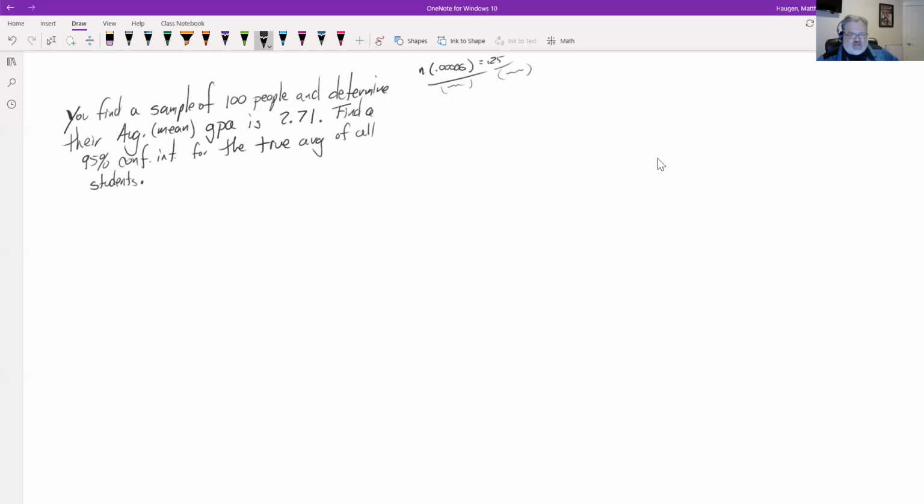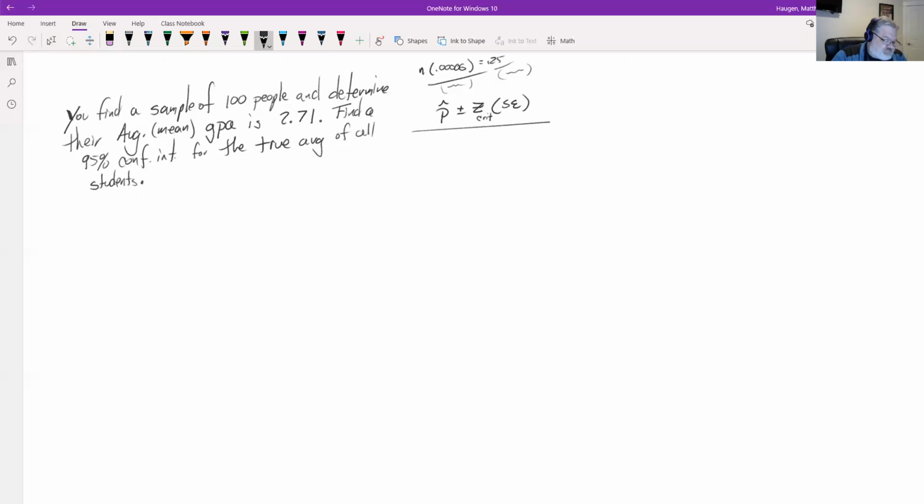Ideally, this should seem very similar. Before, it was our sample proportion plus or minus the z-score times our standard error, the z-score for whatever critical value we were at. That was for proportions.